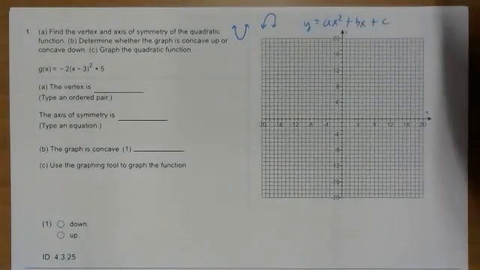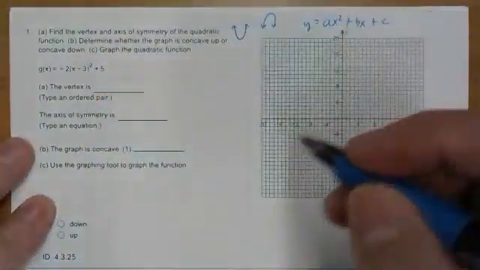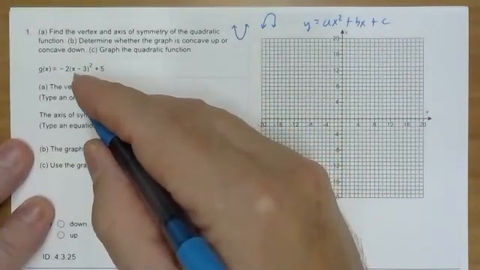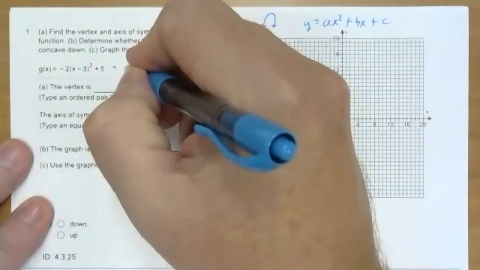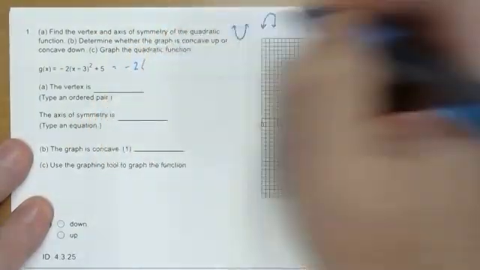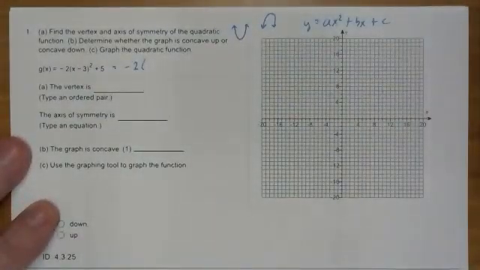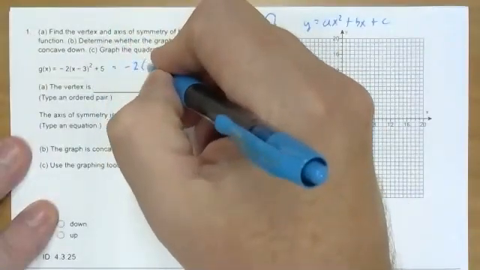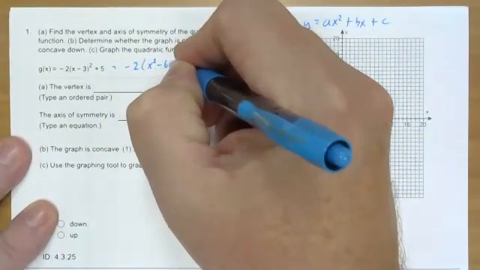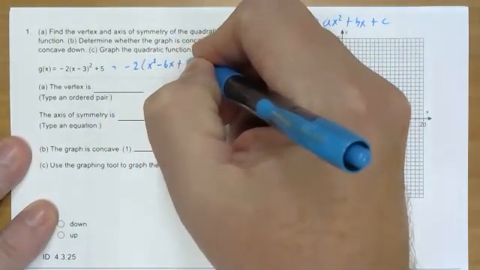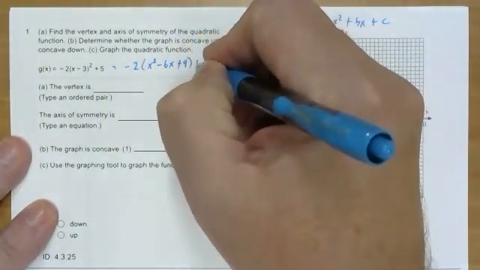That's just the way I prefer. So really what I've got to do, I've got to FOIL (x minus 3) squared. Now, I'm going to do that in my head, and hopefully won't make any mistakes. I believe it should be x squared minus 6x plus 9.